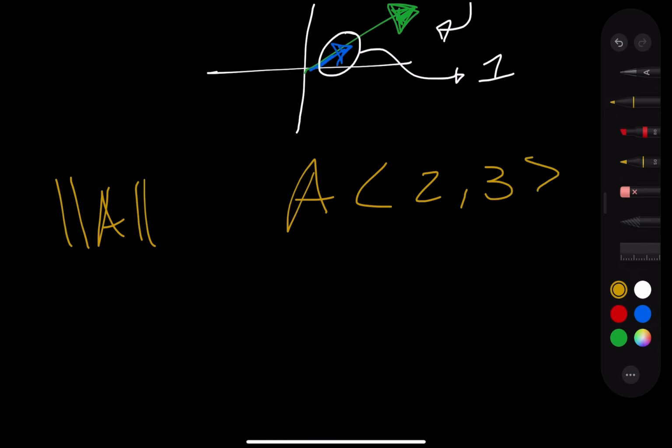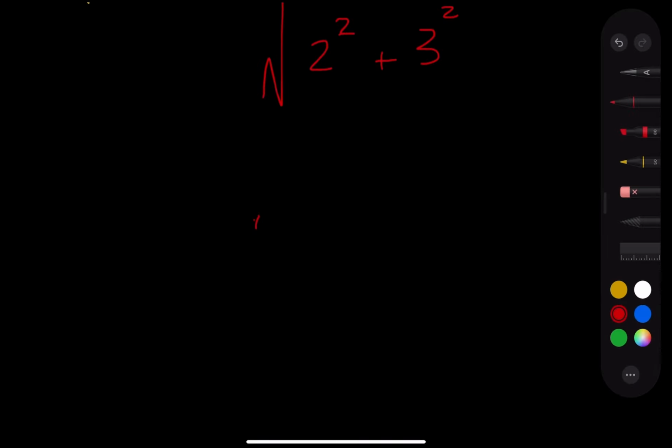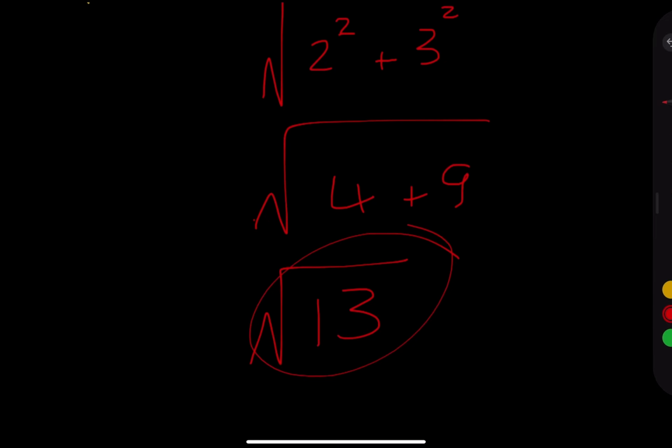The way you're going to get the magnitude is that you're going to take the first component and square it, and then you're going to add the second component squared, and then you're going to take the square root. So you're going to end up with 4 plus 9, square root of 13, and this is your magnitude here, right? We'll do another example.